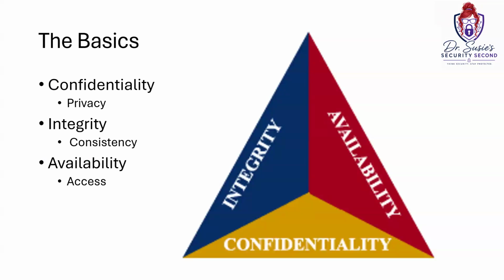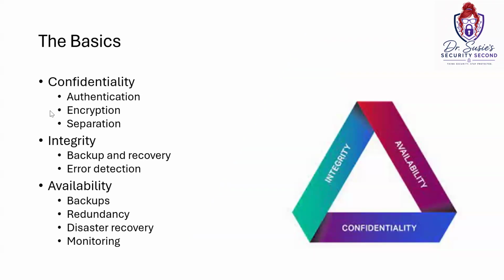Integrity is the concept relating to consistency. The idea here is that only authorized individuals are allowed to modify or delete information. And availability is access, that you get access to what you need when you want it, right? So those are the main concepts.